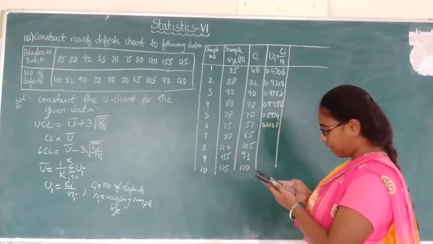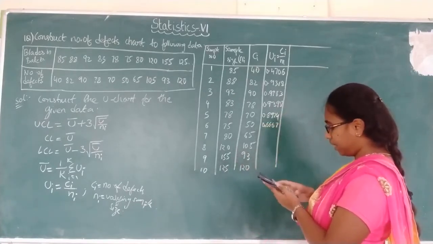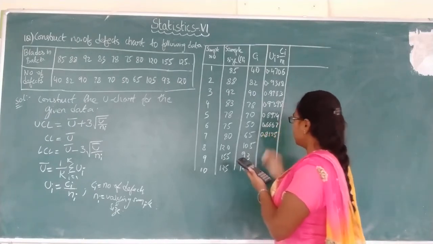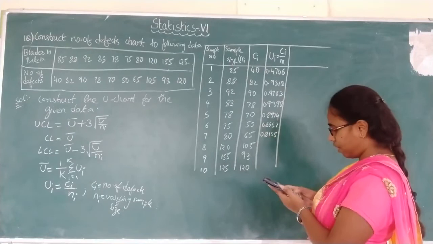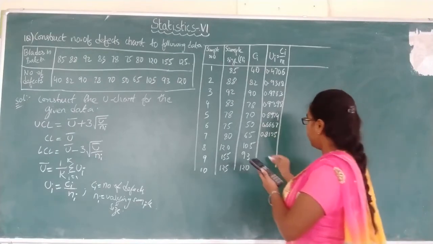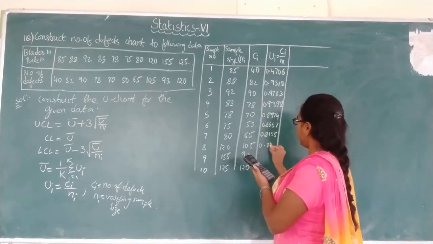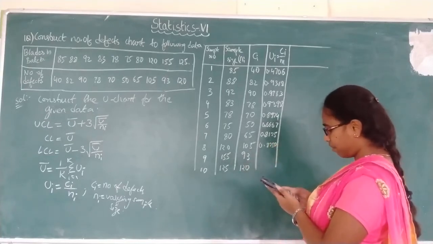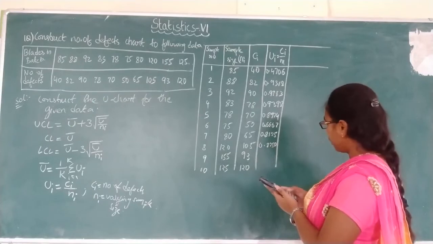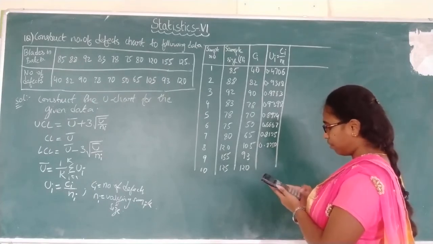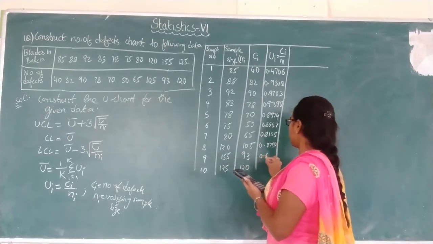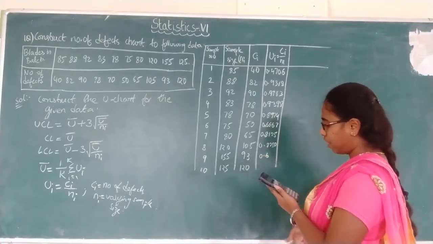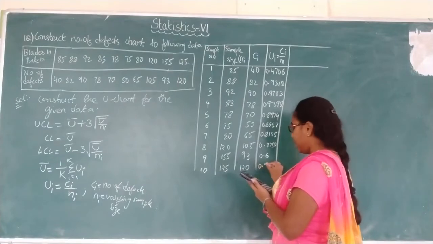Next 65 divided by 80 gives 0.8125. Similarly 105 divided by 120 gives 0.8750. And 93 divided by 155 gives 0.6. And the last one is 120 divided by 125, which gives 0.96.